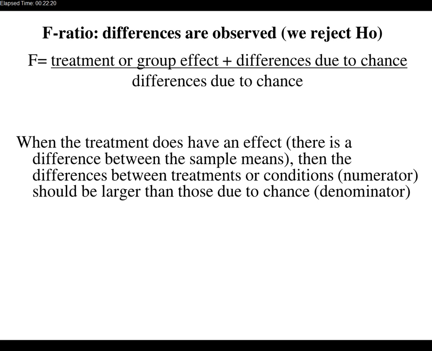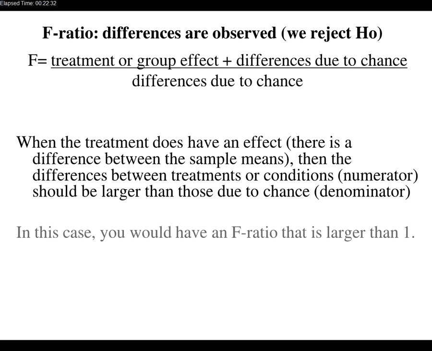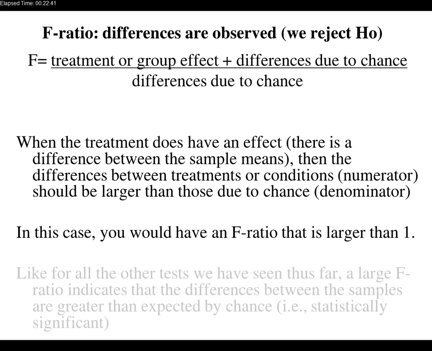And when the differences between treatments or conditions, the numerator, should be larger than those due to chance, which is the denominator. Okay, so in that case we have an F ratio larger than 1. So if we're going to reject H0, we're going to have something larger than 1.